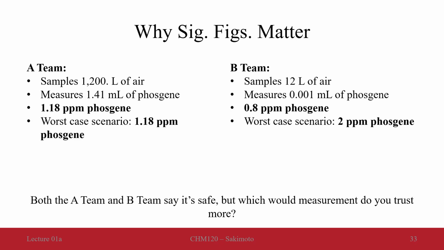Comparing these two teams between a high precision measurement and calculation, as in Team A, versus a low precision, low number of sig figs calculation in Team B, we can see that there's a very different story that they report.